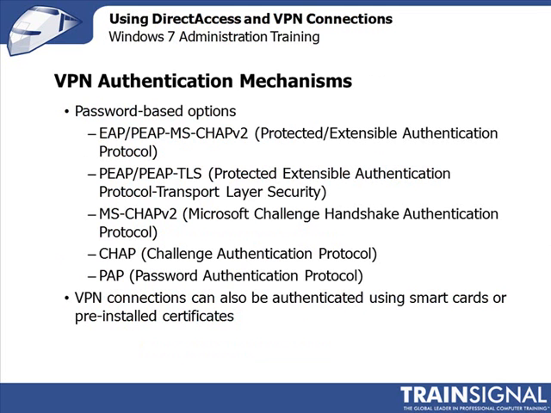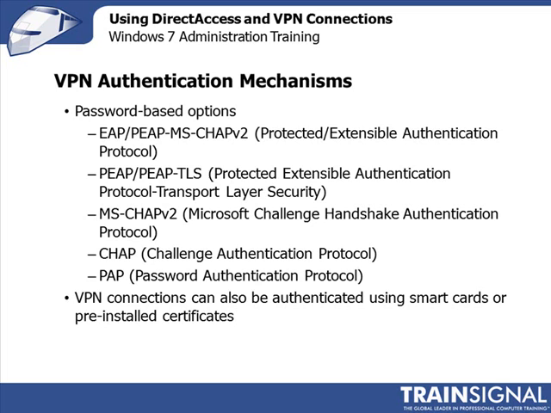Now that we've talked about the different VPN connection options you have in Windows 7, let's talk about some of the different VPN authentication mechanisms that are available, depending on which connection mechanism you use. There are a number of password-based authentication options that are available, starting with, again, the most secure down to the least secure. EAP/PEAP is the Protected Extensible Authentication Protocol, and you'll see that it's a MS-CHAP v2, and we'll talk about some of these things in a little while.